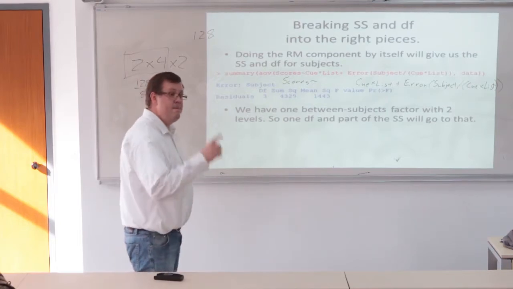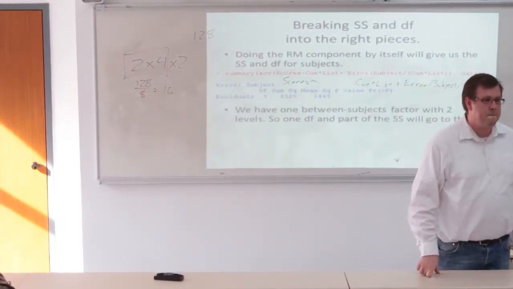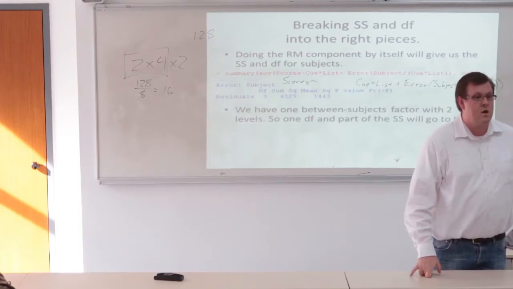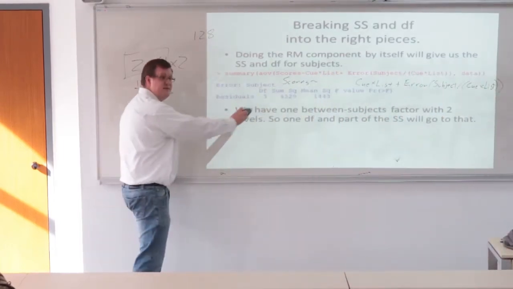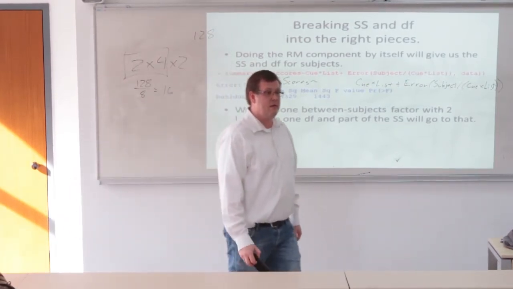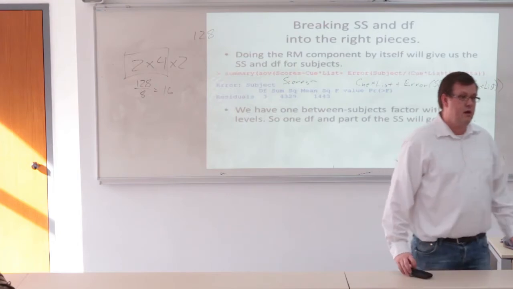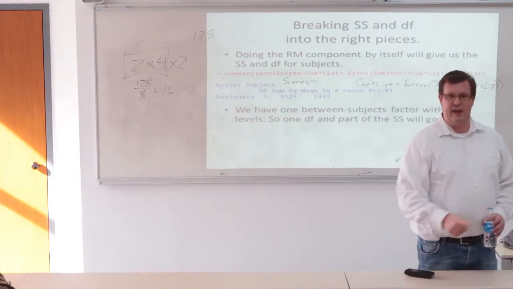Can you explain more? So we labeled the subject with residuals. Right. So subject now is labeled as residuals instead of subject. What does that have to do with the mixed? How will that affect it?